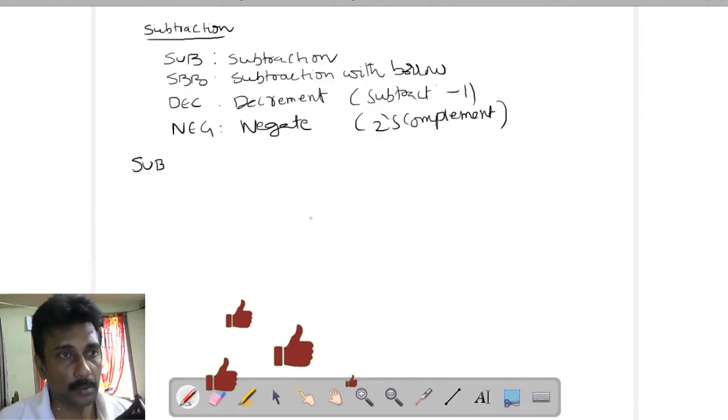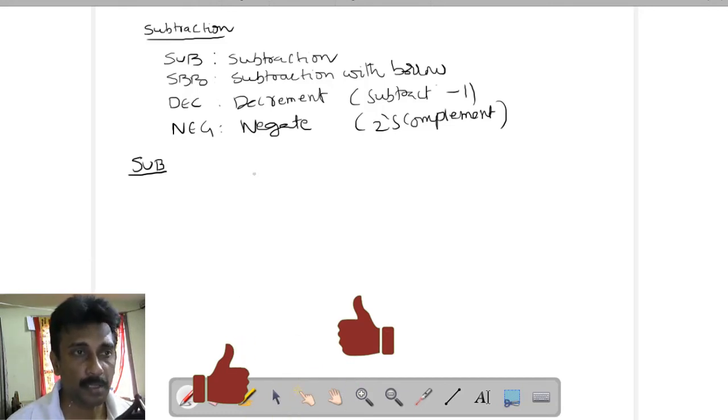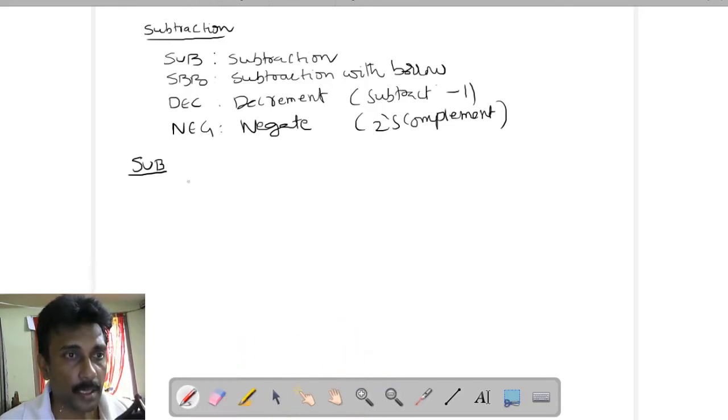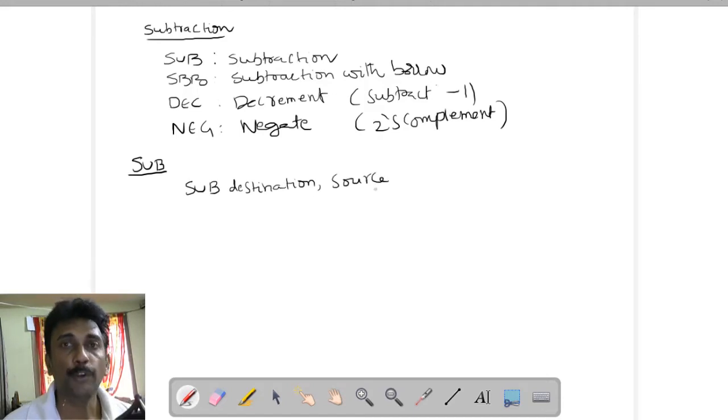SUB instruction. The format of the SUB instruction is SUB destination comma source. We know that SUB is for subtraction. To subtract two numbers, we use this subtraction instruction.